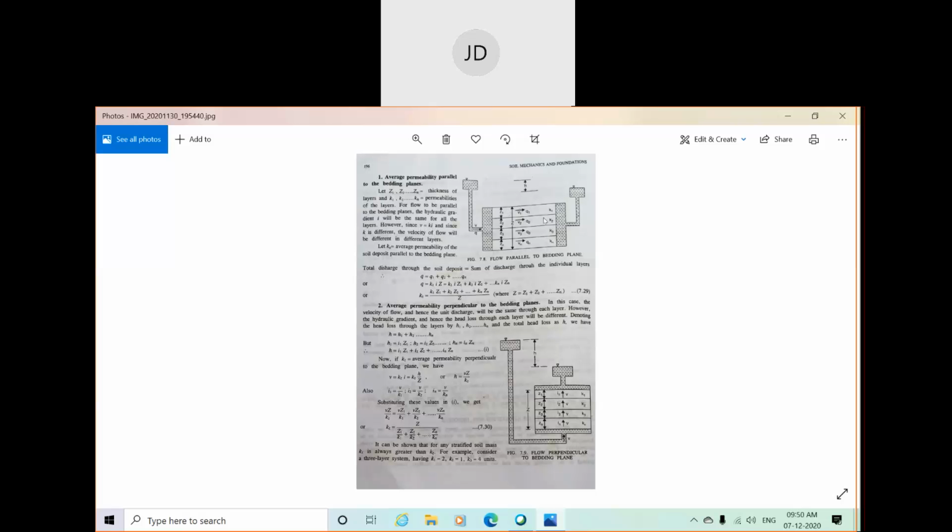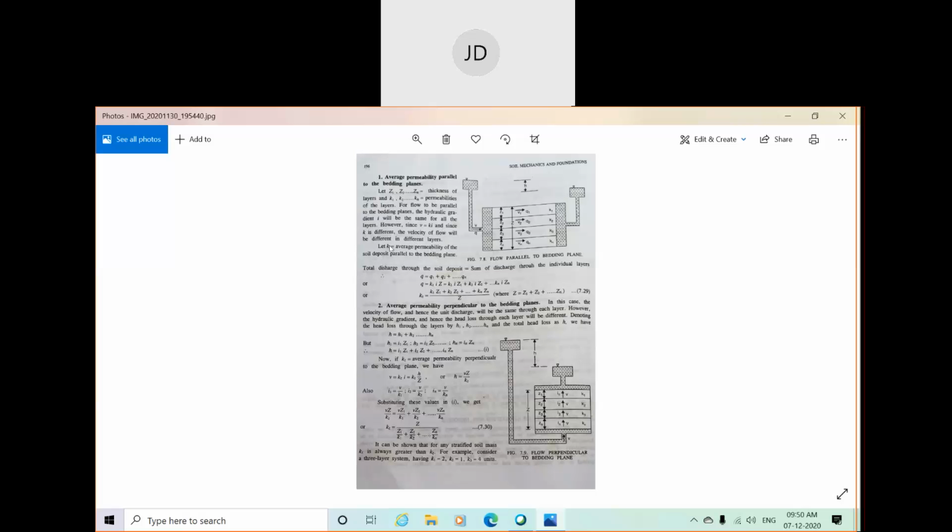So even though i is constant for each layer, since k is different, the discharge velocity will also be different for each layer. That's why it is written v1, v2, v3, vn. Since v is equal to ki and k is different, the velocity of flow will be different in different layers. Got it? यहाँ तक ठीक है?